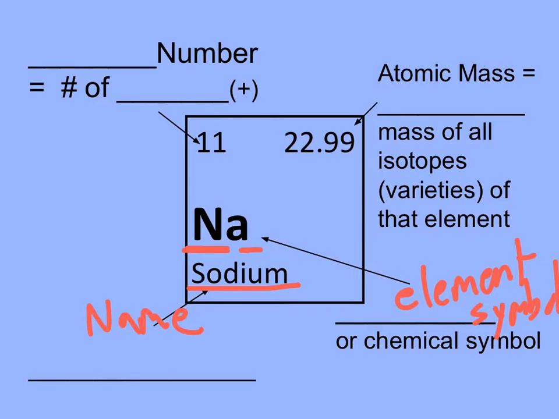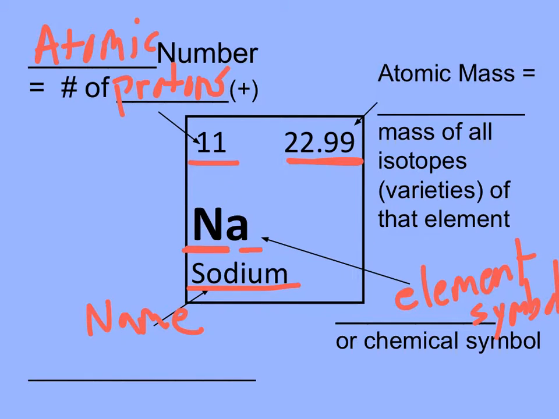Now, the other thing that it can tell us is up here we have what's called the atomic number. The atomic number tells us the number of protons. This one has 11. Now, the other number over here, which you'll notice has a decimal, is called the atomic mass.